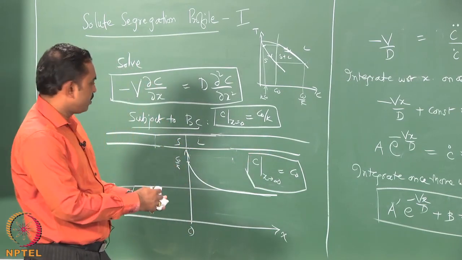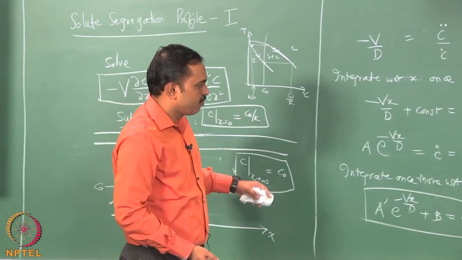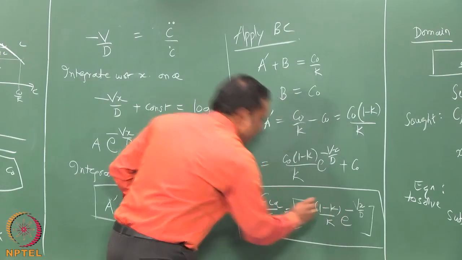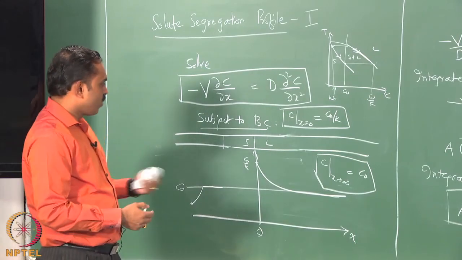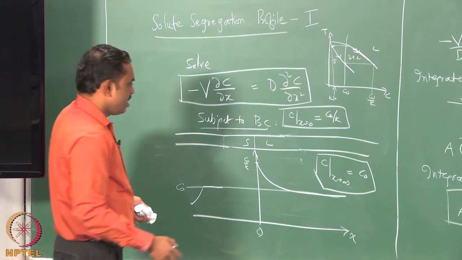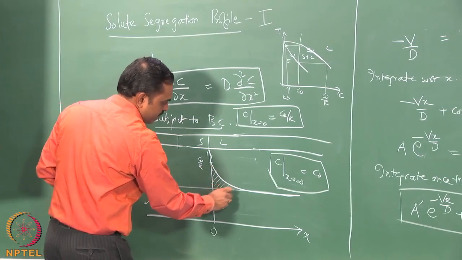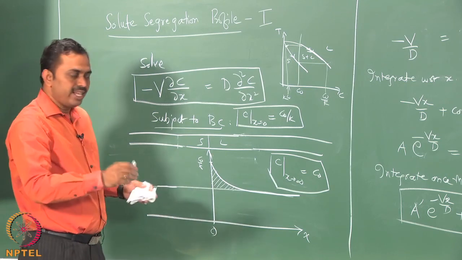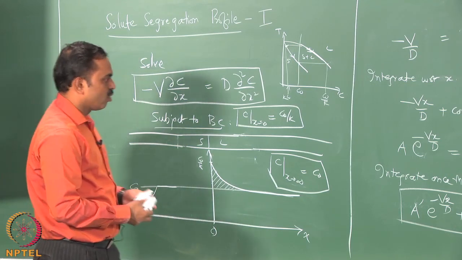Okay. So, we will come to that in a moment, and before we wind up, we can just look at this function and try to simplify some more aspects of it. Okay. So, the one thing that we want to simplify is as follows: can we convert this segregation profile into an equivalent triangle and inspect what would be its width. Okay. This is something that I would give you as a homework problem.